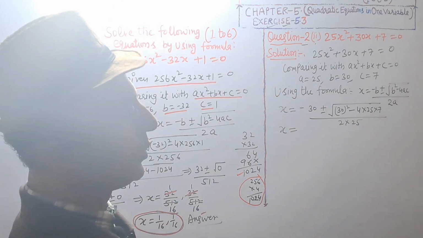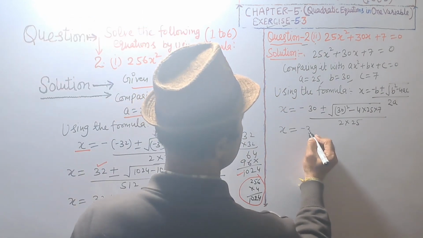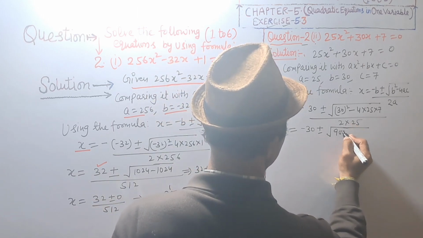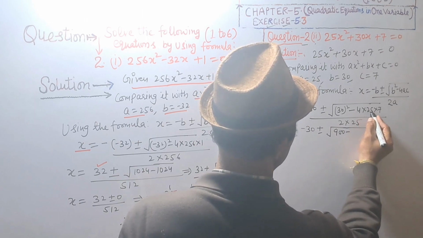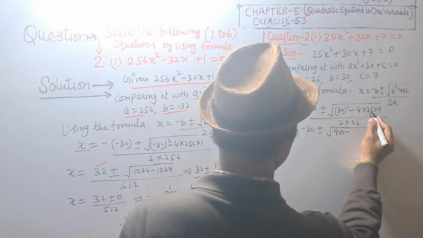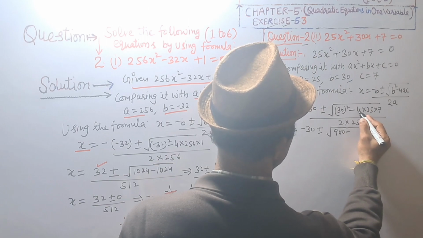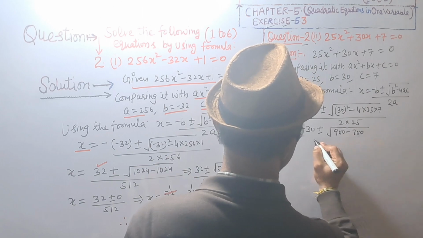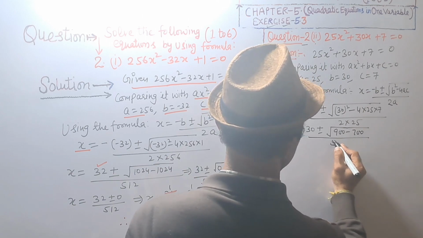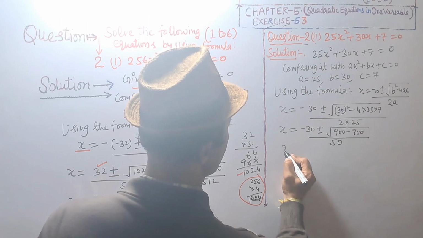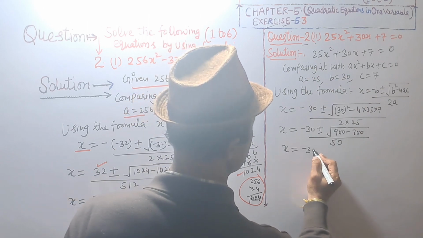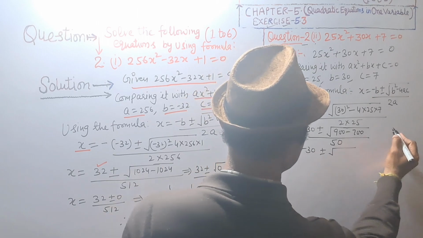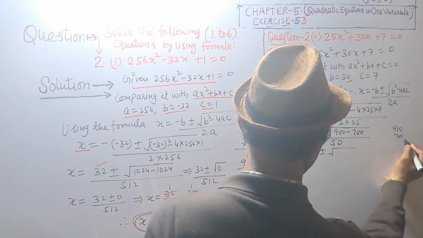X is equal to minus 30 plus minus root 30 30 are 900 minus 25 4s are 100 into 7 that is equal to 700 divided by 25 2s are 50. X is equal to minus 30 plus minus root 900 minus 700 that is equal to 200 divided by 50.